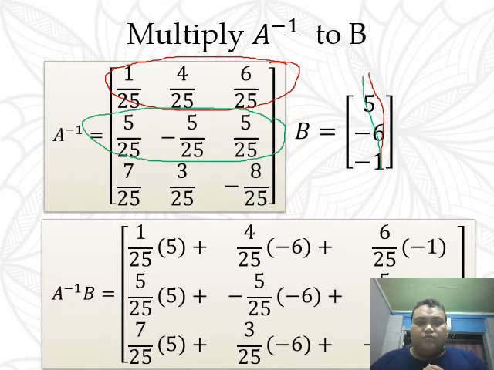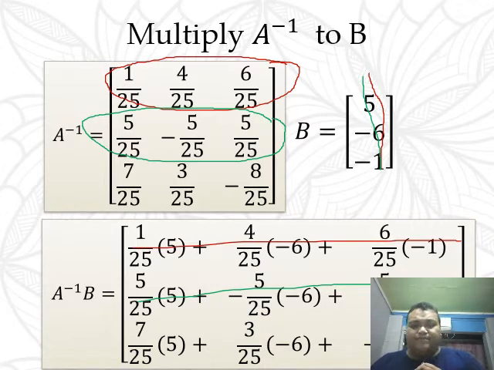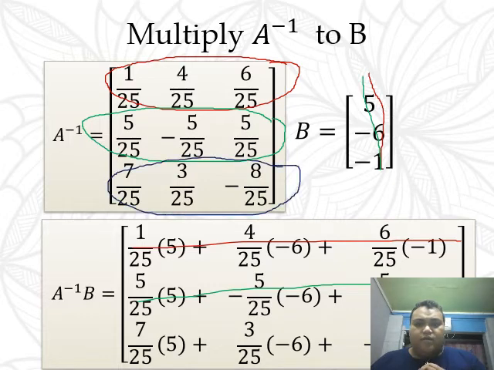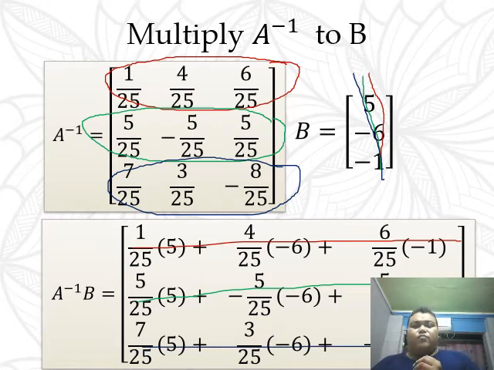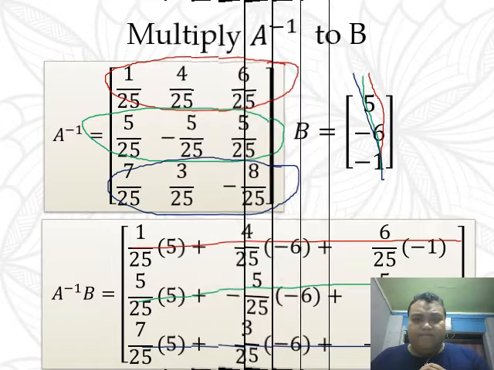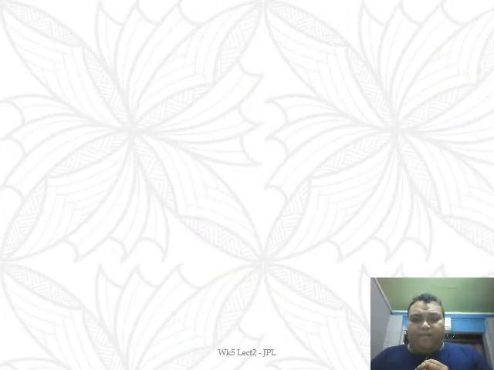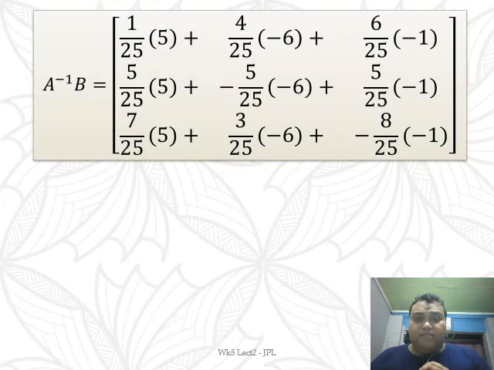So this row, the next row, I'm just putting a color code, and then the last row multiplied by this column, you get the last row here. For your multiplications, be careful of the fractions, and then you will get this matrix.